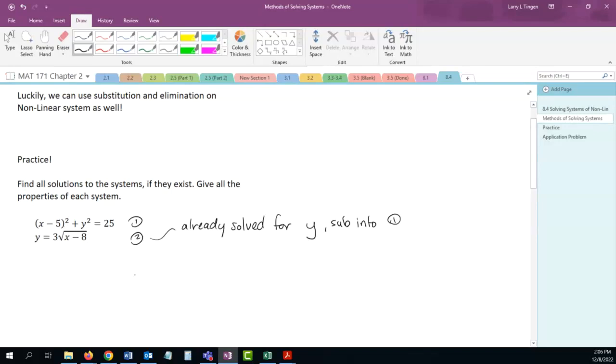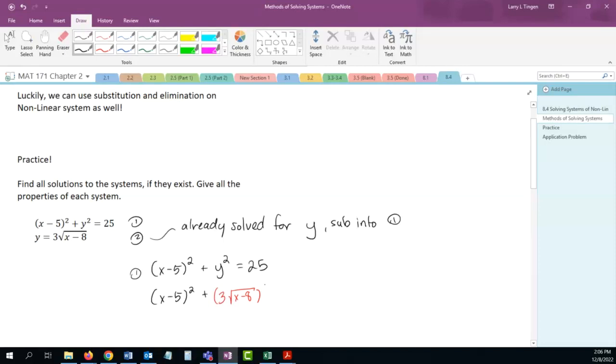So equation 1 states that (x - 5) squared plus y squared is equal to 25, but the substitution lets me replace y with 3 square root x minus 8.